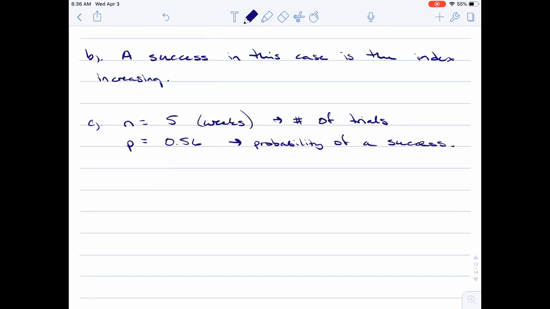You could easily swap it and say, well, the probability of a failure is 1 minus 0.56, and so then it decreasing would become a success if you use that probability instead. But for simplicity, we'll just use 0.56 and it increasing being a success, because that's the most reasonable thing to wrap our head around.